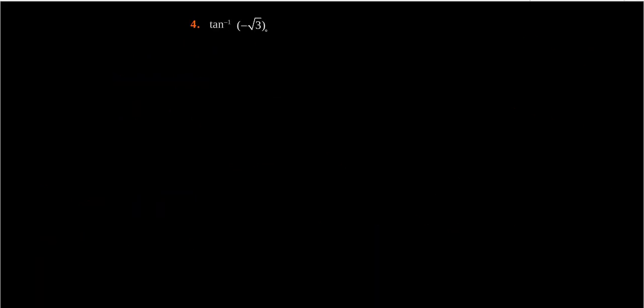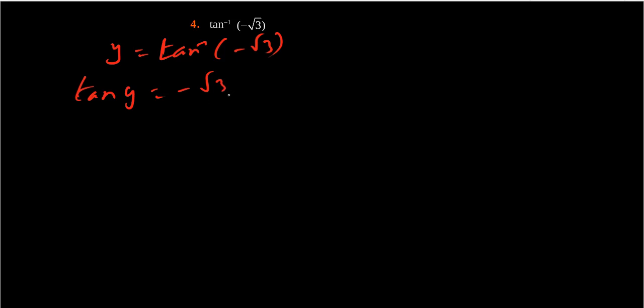Tan inverse of minus root 3. Let me take the given function as y. So, y is equal to tan inverse of minus root 3. If you bring tan here, tan y is equal to minus root 3.